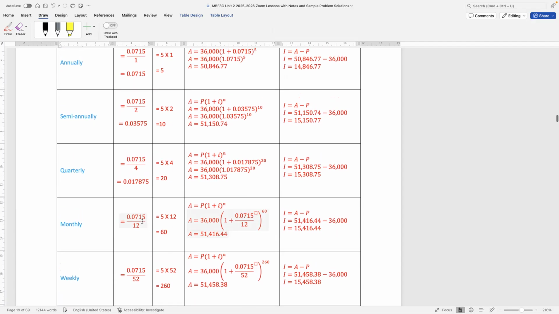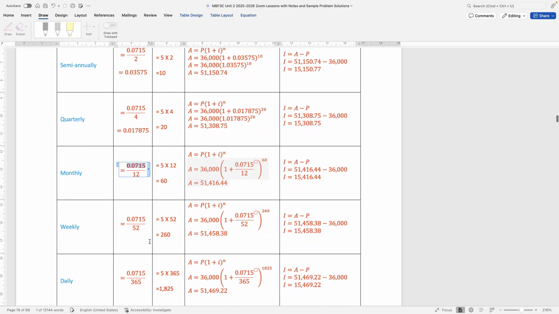So the first step is to calculate the i value. Again, we're always starting with 0.0715, divide that by 12. Okay, we just did that one. So now we're doing the weekly one.